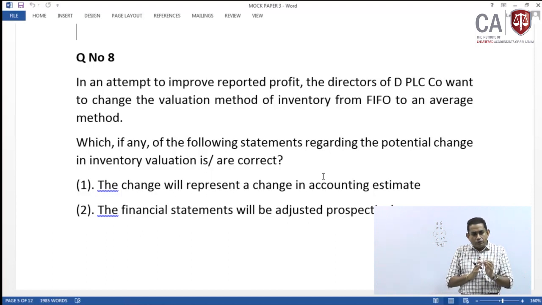But if you decide to change the accounting method for an asset or liability to adapt to the changing economic environment of an asset or liability, that does not become an accounting policy change. Say for an example, you have the factory building for which you started adopting the cost model from the beginning, and later on for some reason or other you thought of applying the revaluation model. Still the building is used to run your factory.